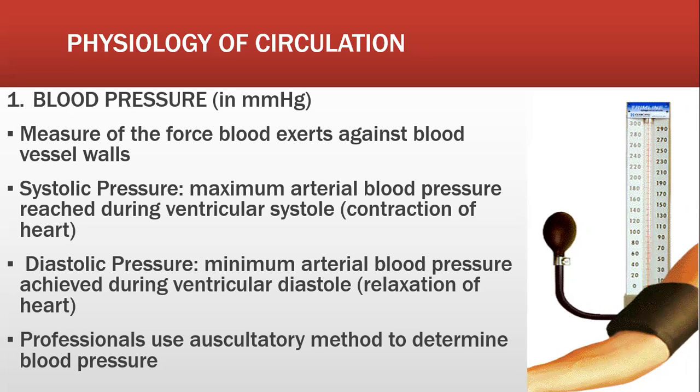Diastolic pressure is the minimum arterial blood pressure achieved during ventricular diastole, or relaxation of the heart. Pag systolic, yun yung first sound na maririnig mo during auscultation, and the diastolic pressure is the last sound that you will hear during auscultation. So professionals use the auscultatory method to determine the blood pressure.